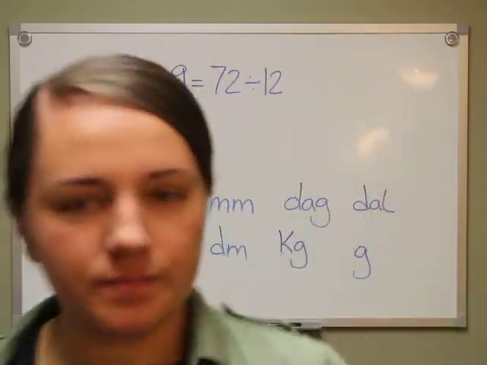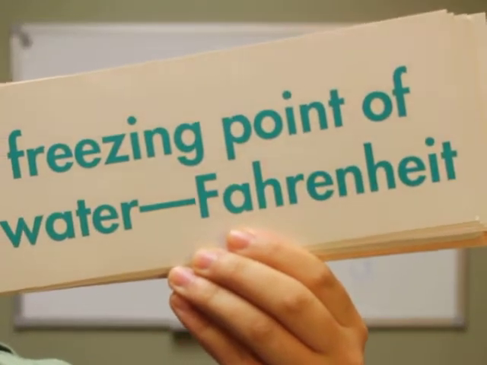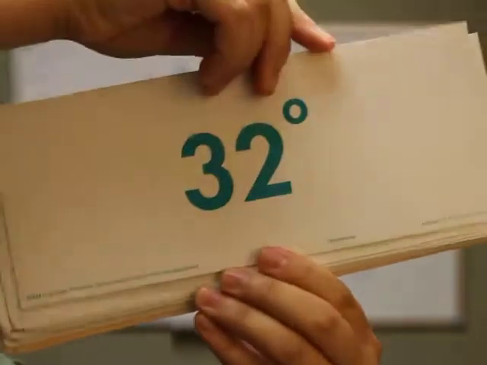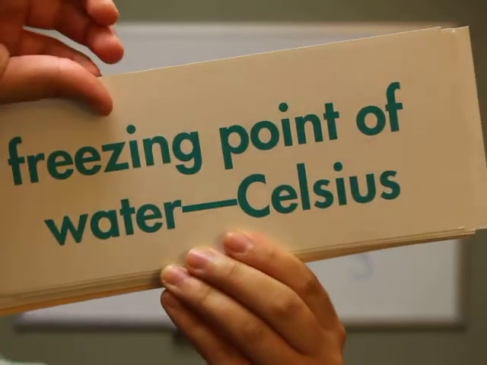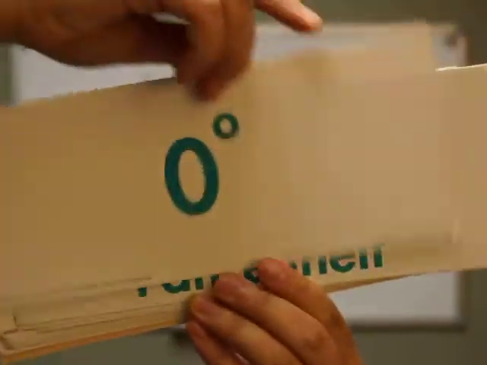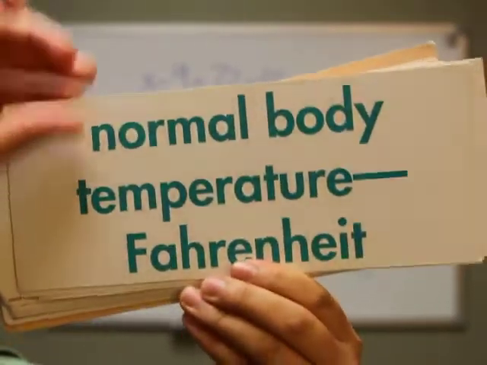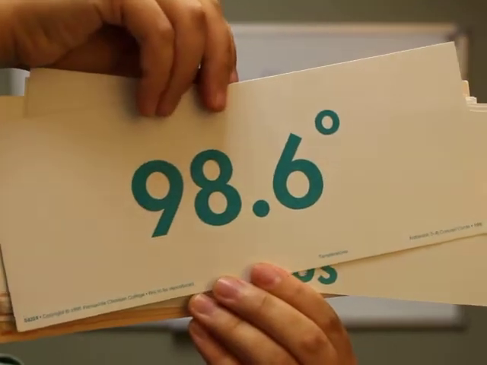So let's get started. First of all, what is the freezing point of water Fahrenheit? 32 degrees. Freezing point of water Celsius? 0 degrees. Normal body temperature Fahrenheit? 98.6 degrees.